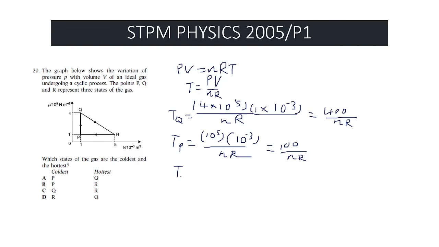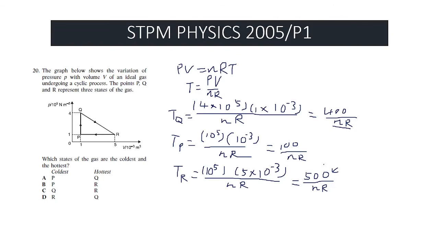And now calculate for R. So 500. So since n and R are constants, we can directly compare the values above here.